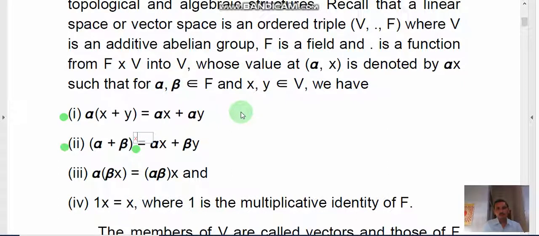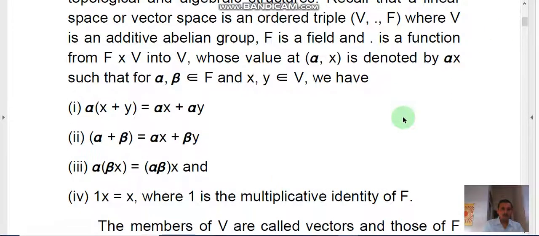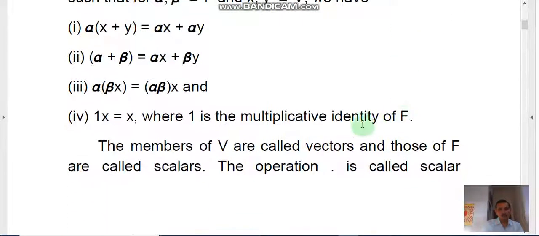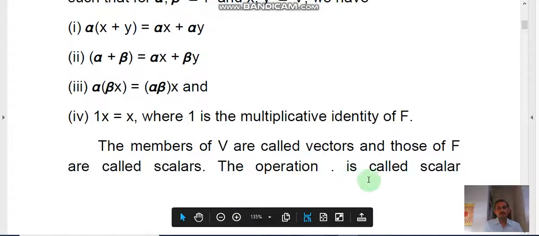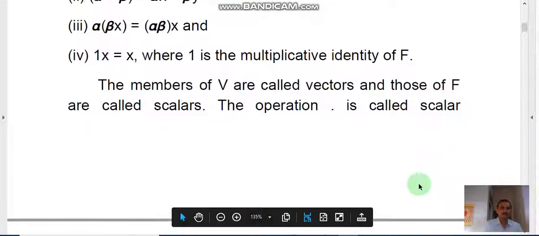So we will use here field F and vector space V or linear space V. Here the members of V are called vectors and the members of field F are called the scalars, and this operation dot is called the scalar multiplication.